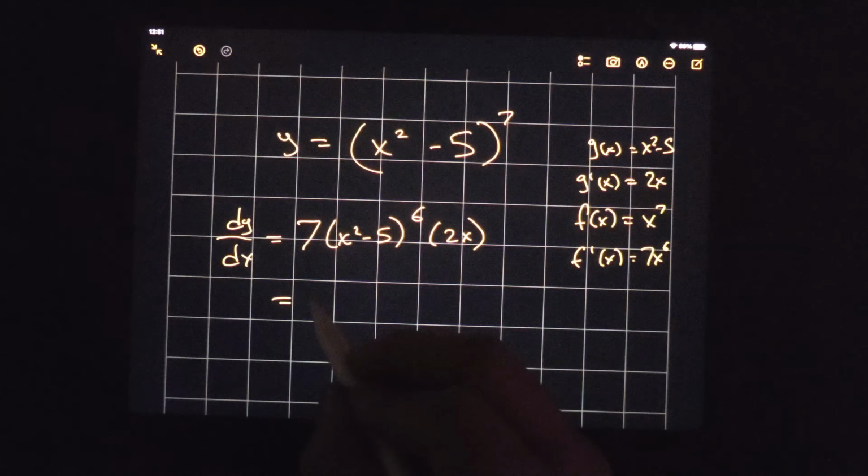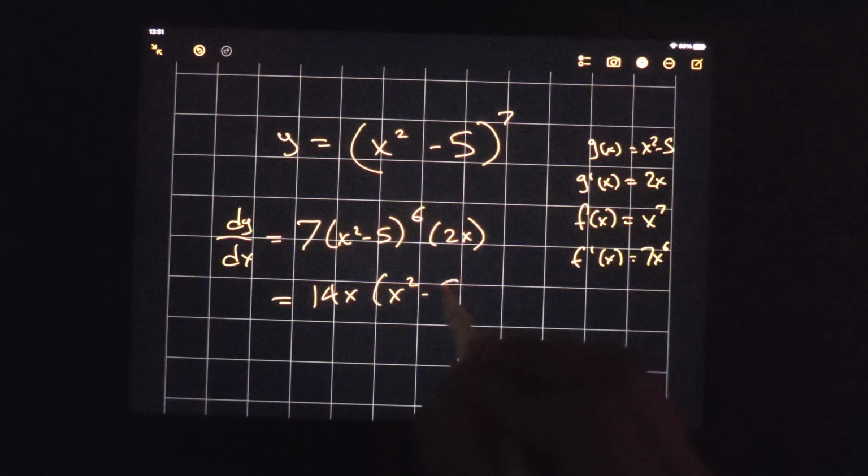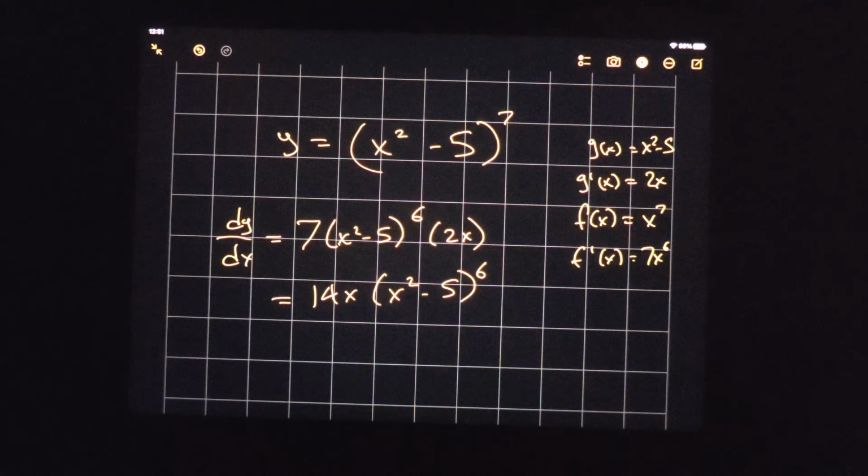So the 2 will multiply times 2x times 7, so 14x times x squared minus 5 to the power of 6. And that's how simple it really is.